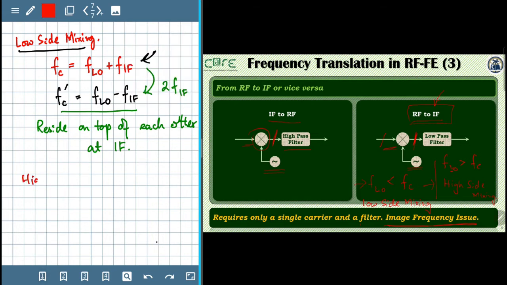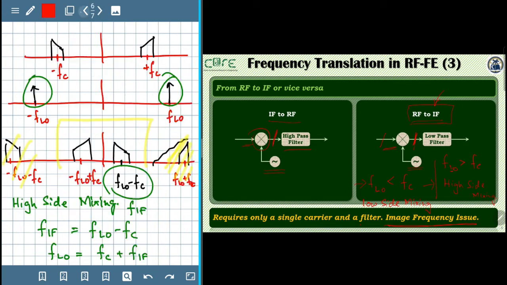In high side mixing, you're basically converting FC equal to FLO minus FIF to your intermediate frequency. This is your desired signal, and this equation is being written from this line here.